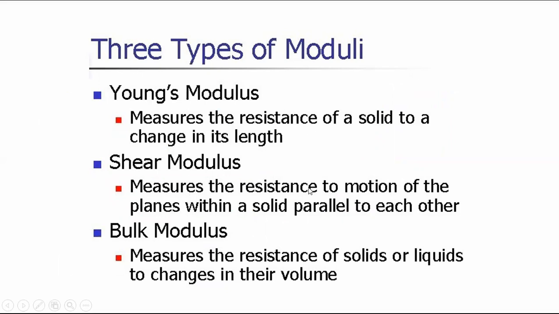Here it measures the resistance to motion which we have seen, the displacement of the upper surface, that is, the resistance to the motion of the planes within the solid parallel to each other. We will discuss in detail as we go further in the slides of this presentation. Then bulk modulus. What is bulk modulus? It measures the resistance of solids or liquids to changes in their volume. We will also discuss this in detail in coming slides.